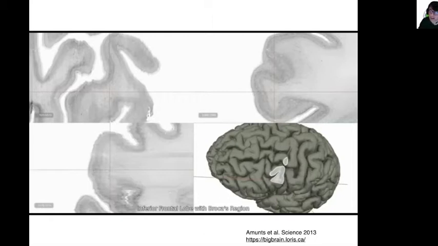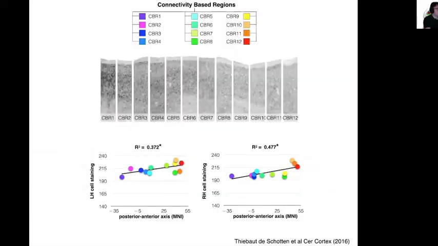Those slices have been stained with silver staining, which we know is able to densely mark about 10% of the neurons of the cortex, which is enough for us to see the density of what's going on. If you look at the same progressive transition in the frontal lobe, as you go from posterior regions on the left to anterior regions on the right, you have a progressive clarification of the staining.